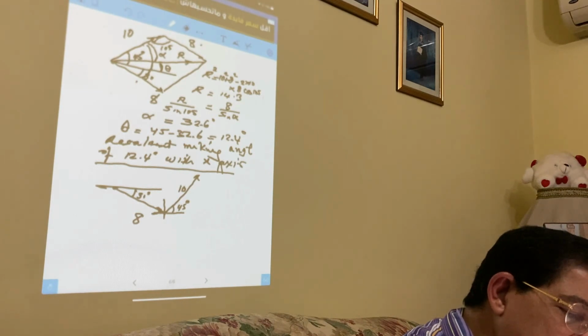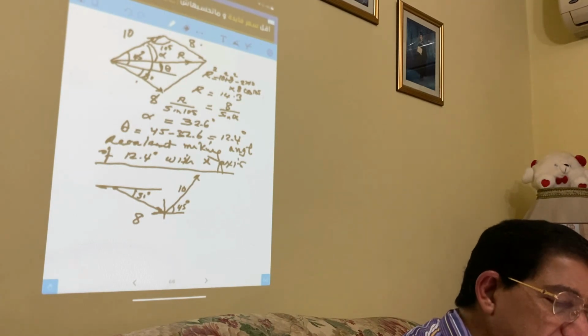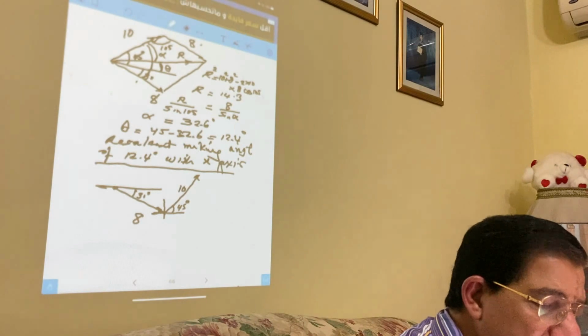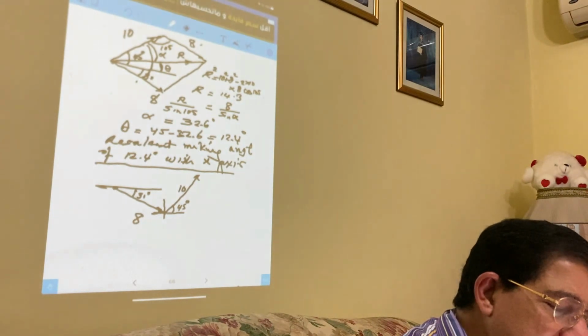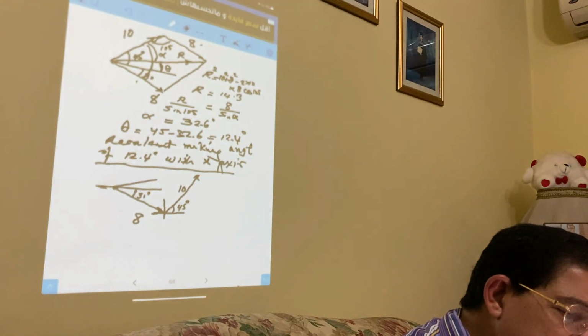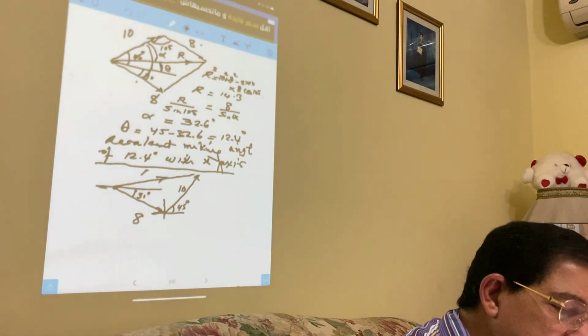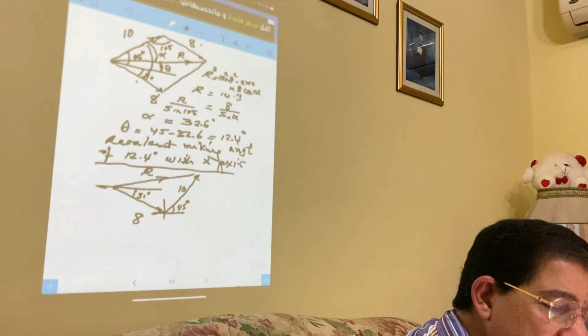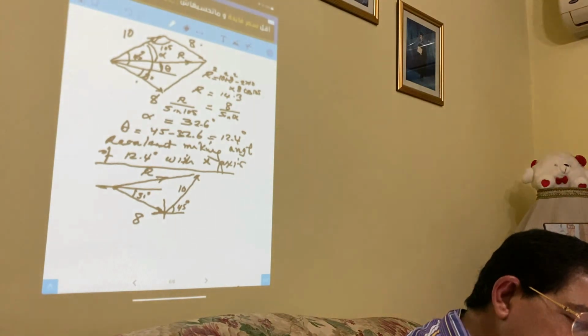So we draw one at the end of the other, like when you say vector AB plus BC is vector AC. This is the resultant. What is this angle? This angle is 30, so this angle is 60.